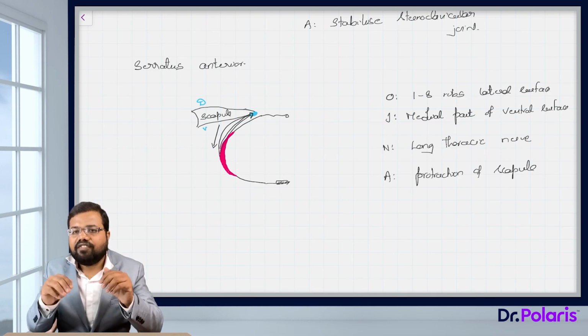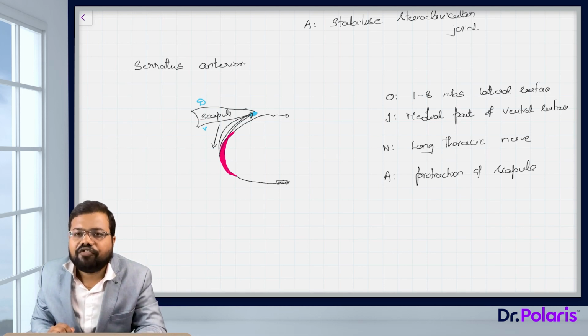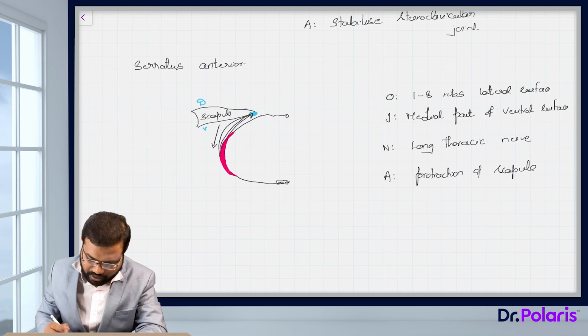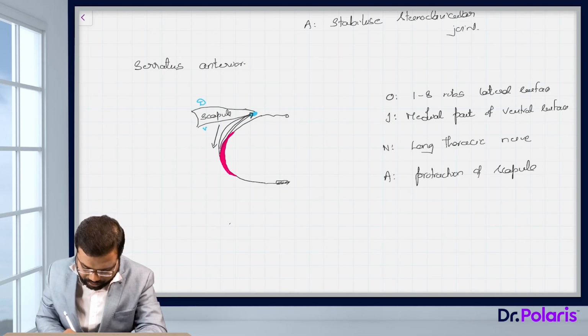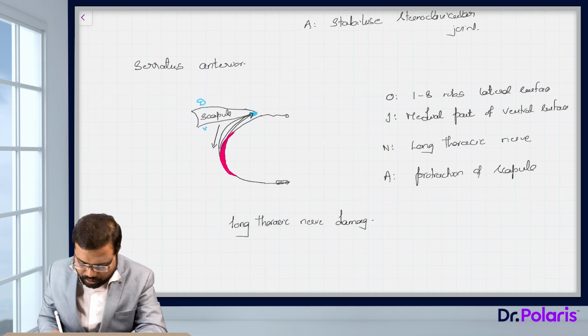That appears just like wings, and this is called winging of the scapula. So any damage to the long thoracic nerve leads to serratus anterior paralysis.